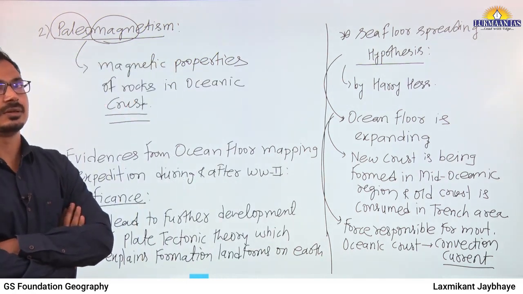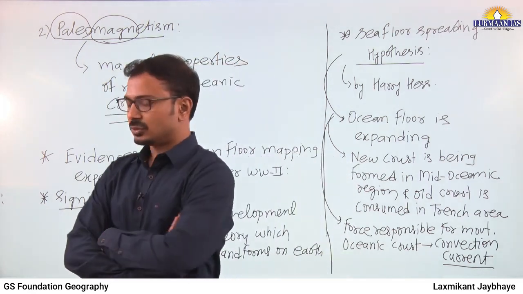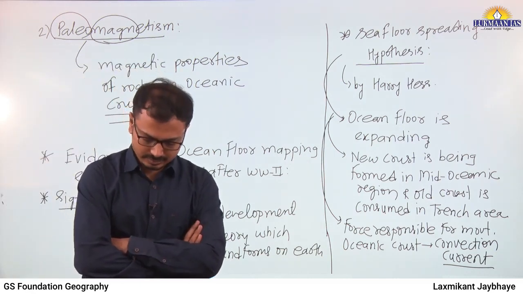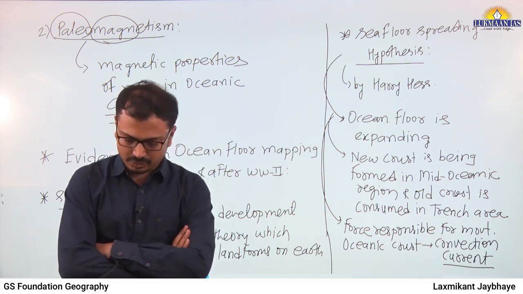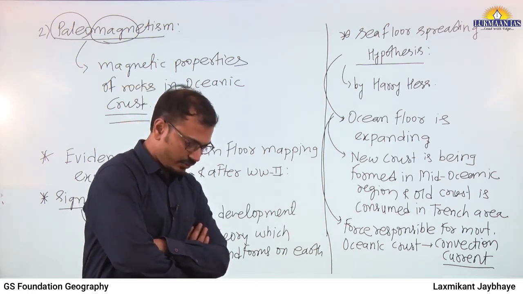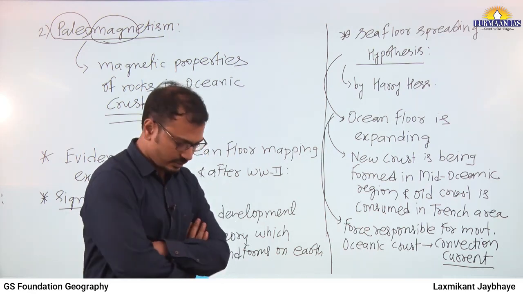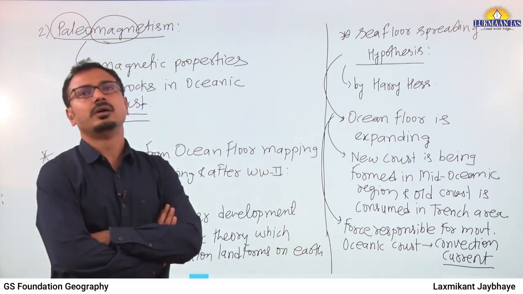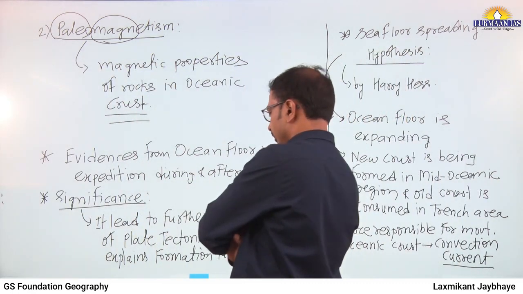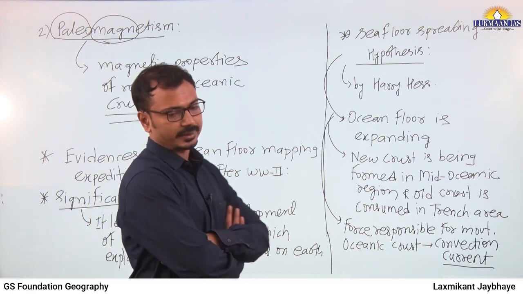This new oceanic crust slowly moves away from the ridge, under the influence of the convection current flowing underneath it.